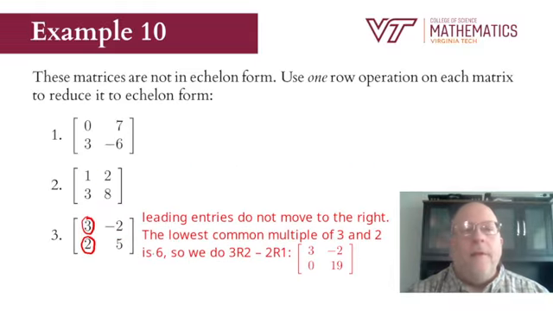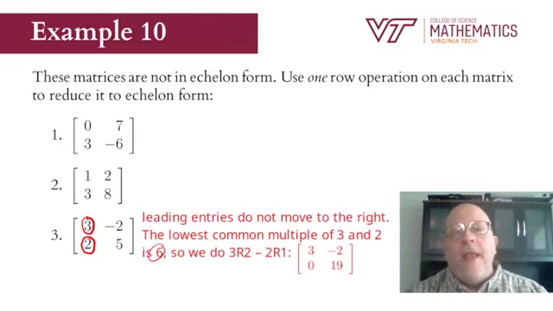So let's see what happened. Lowest common multiple is 6. So if I do 3 times row 2, that will give me a positive 6. If I do negative 2 times row 1, that will give me a negative 6. And so 6 plus negative 6 gives me 0. And now I have to do the same thing over here.